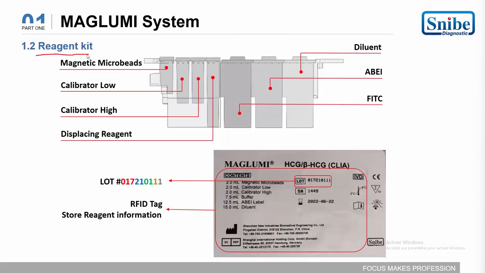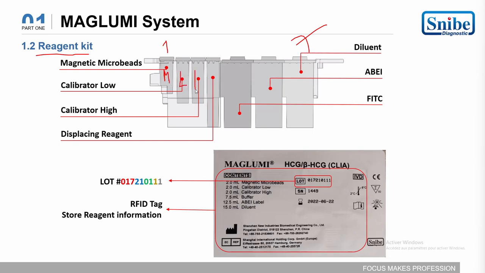This is the reagent kit design used by SNIBE. It is an integral kit containing 7 vials. This is the first vial, and this is the seventh. In the first vial, we have the microbeads. The second vial is calibrator low.